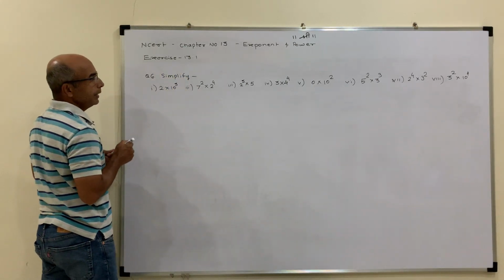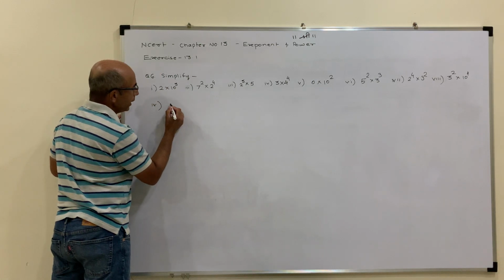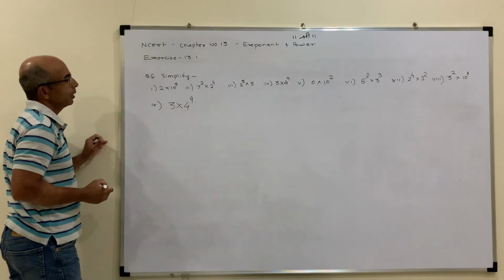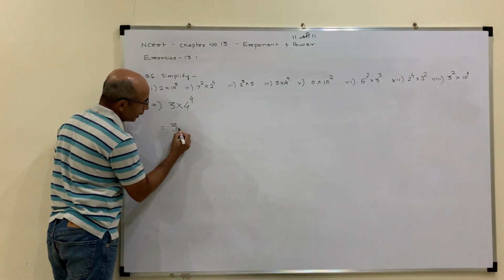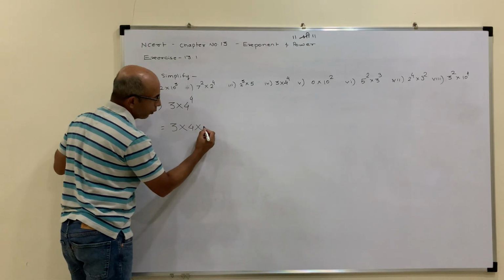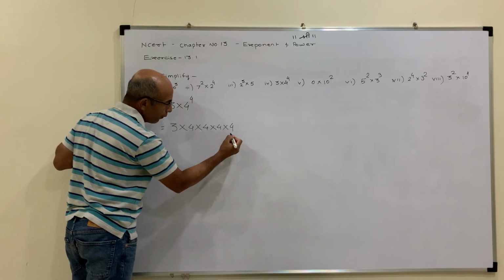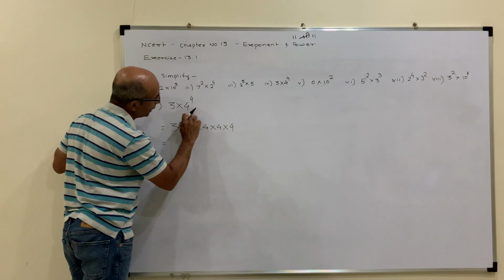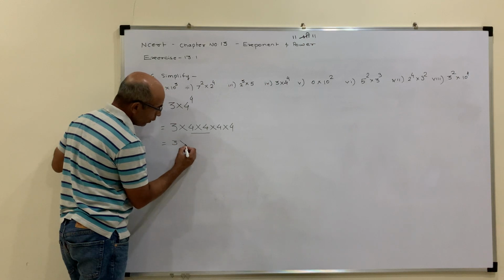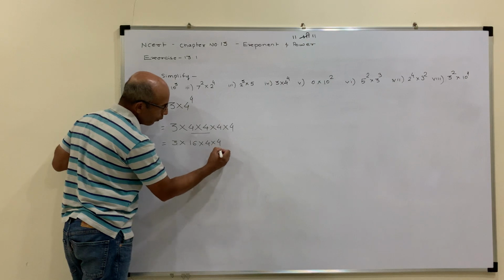The fourth one is 3 into 4 raised to 4. That's equal to 3 into 4 into 4 into 4 into 4. So again I need to simplify the 4s. I'll do the product of two numbers: 4 4s are 16, into 4 into 4.